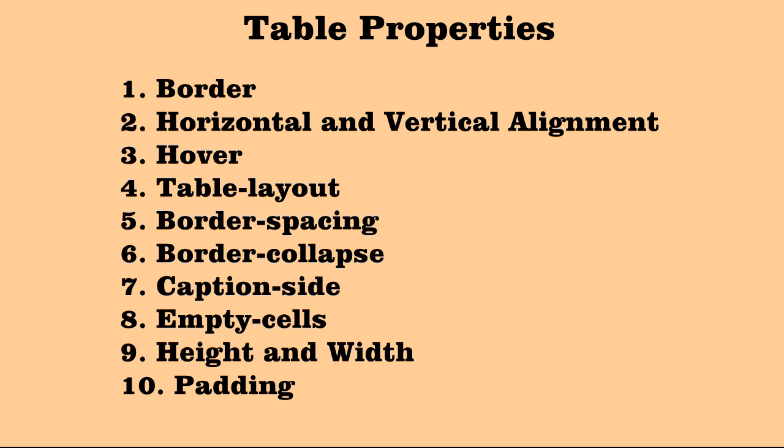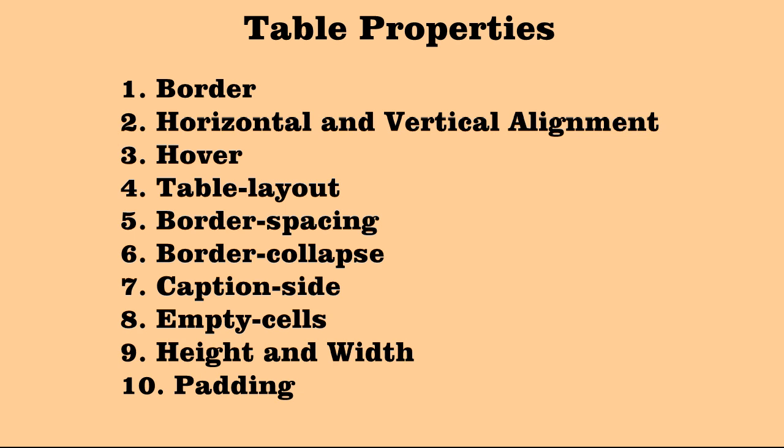These properties are used with the th or td tag. By default, the horizontal alignment for the content of th is center aligned and for td is left aligned, whereas the default vertical alignment is set to middle.